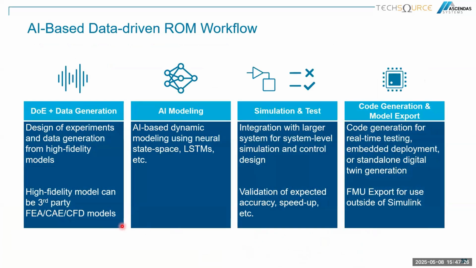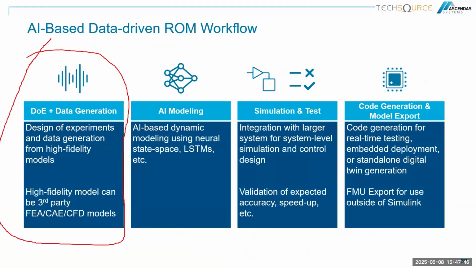How is it different between a common AI model and the AI model with our workflow? We provide you the tools to create the DOE, design of experiments, and data generation from the high fidelity model.